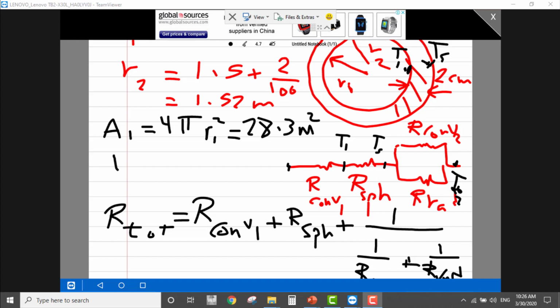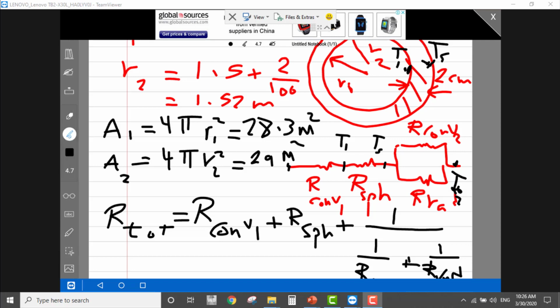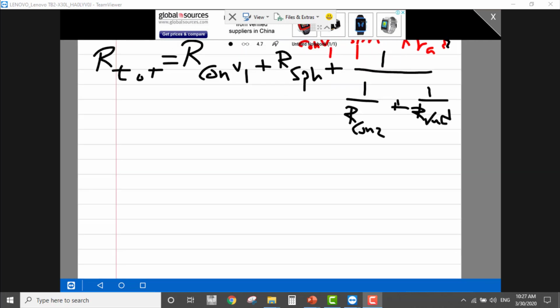And we do the same for area 2, 4 pi r2 squared, with r2 equal to 1.52. This is equal to 29 meter squared.